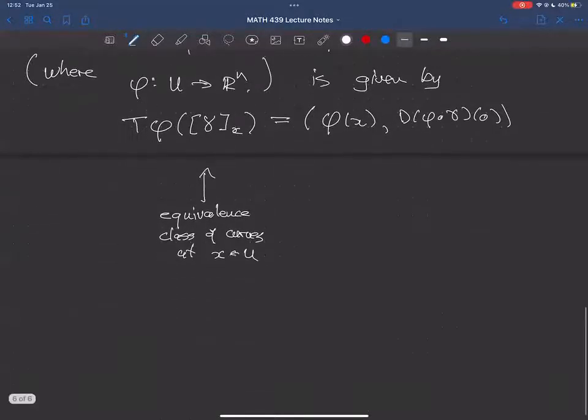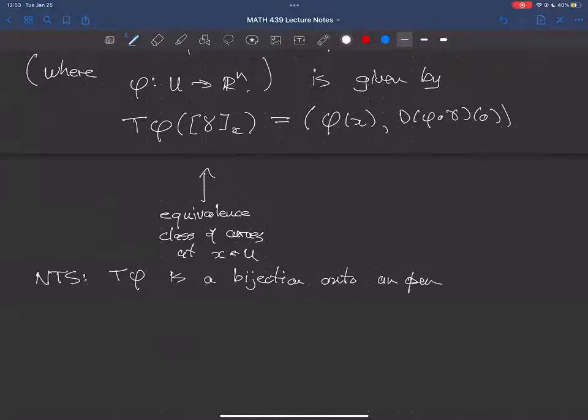All right, so we need to show first that T phi is a bijection onto an open subset of R2n, right?